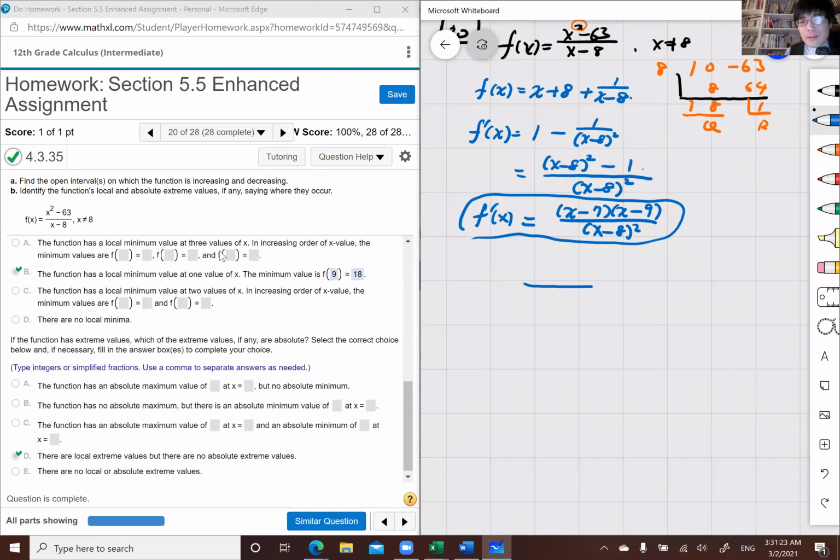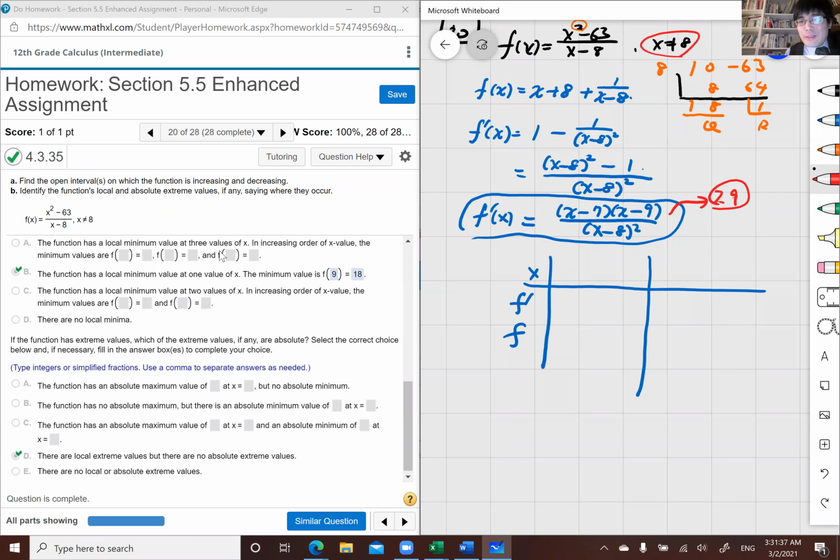Now looking at the table, draw the diagram: x, f dash, and f. So the key values are: critical points are 7 and 9. And also be careful that x equal to 8 is outside of the domain. So 7, 8, and 9. The function is undefined at x equal to 8. The derivative is 0 at 7 and 9.